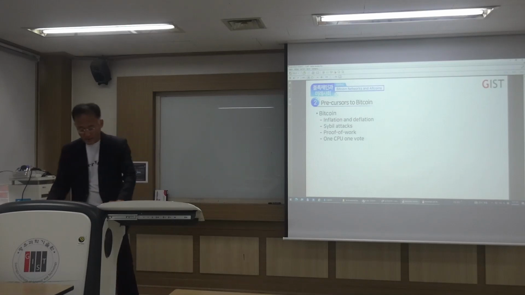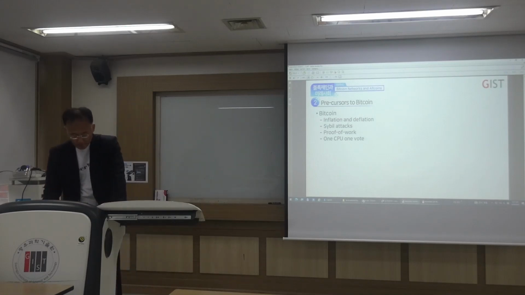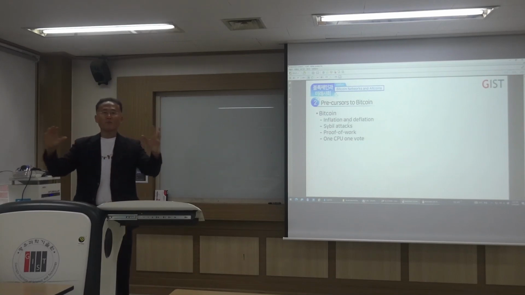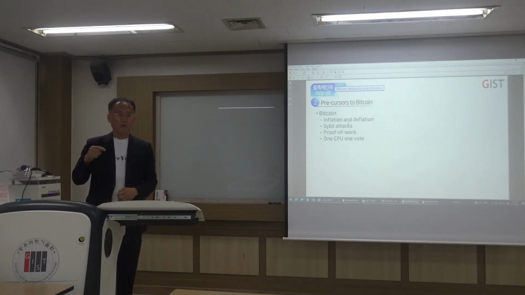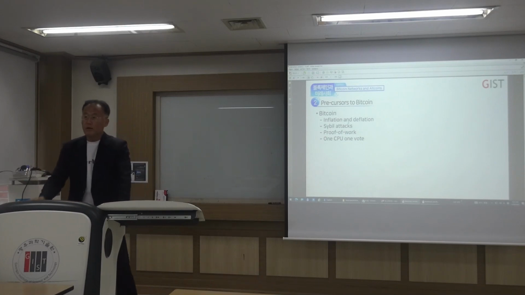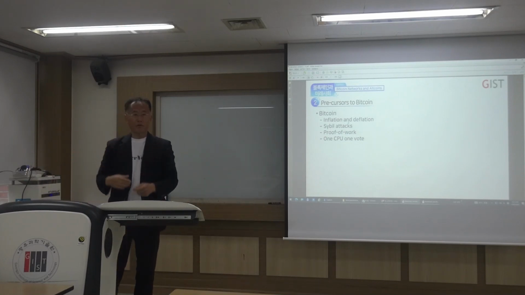So that's the innovative part, so that a large number of nodes can make consensus to determine which block is the best block, okay? Or which block we have to agree on, right?